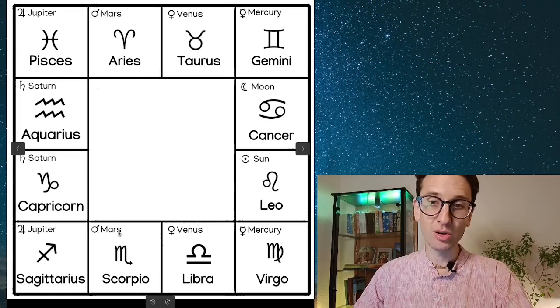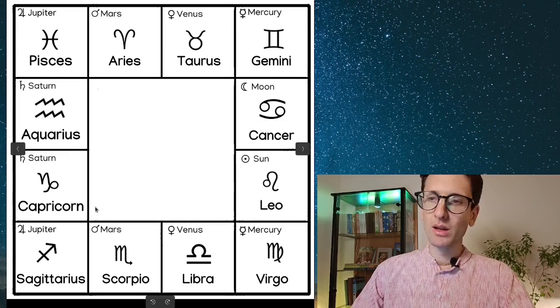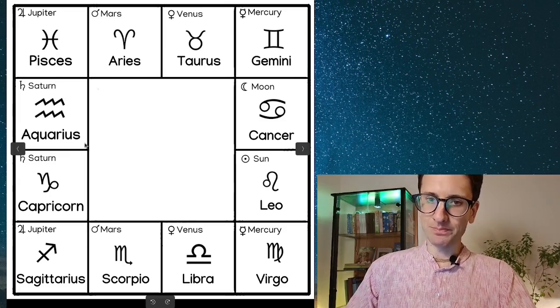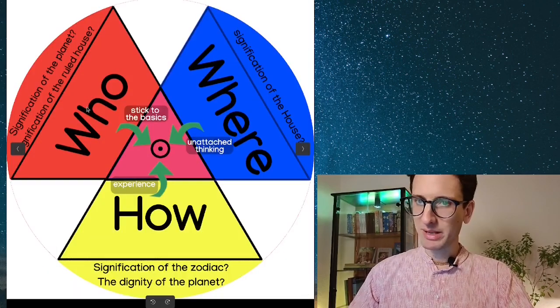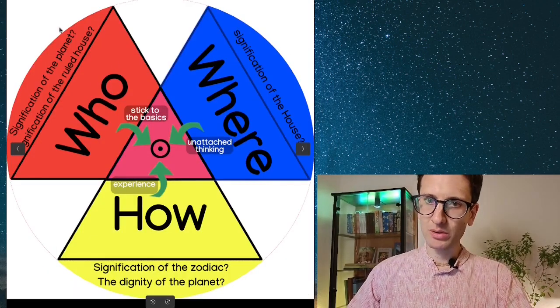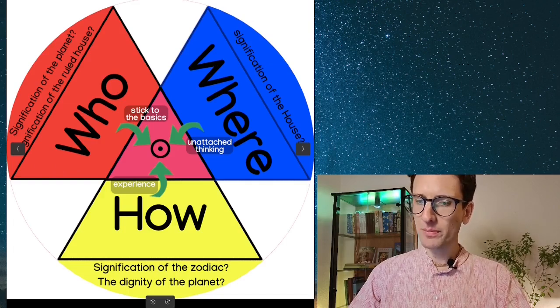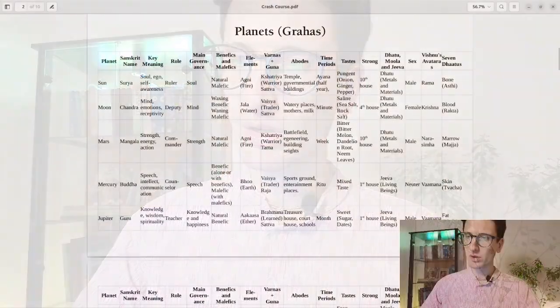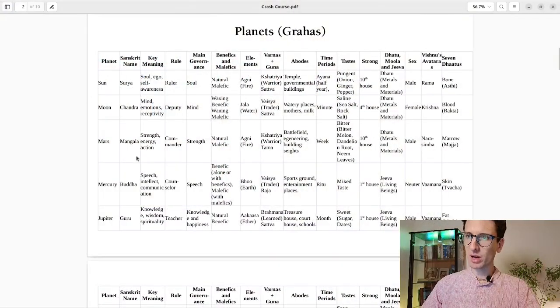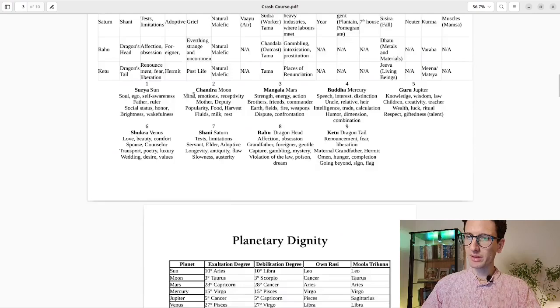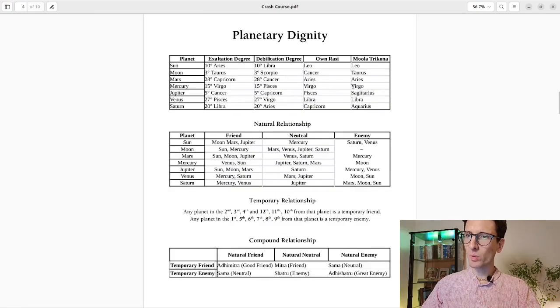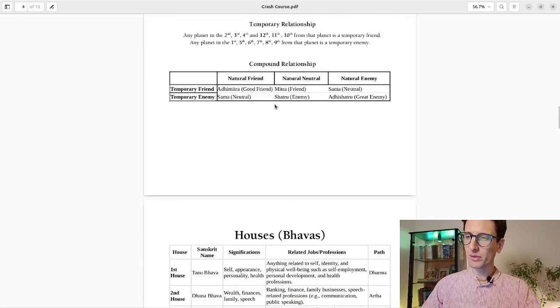So Mars is the sixth lord. So you can get all the information from this table, planets, grahas, and you know the dignity of them, you know which house they rule.